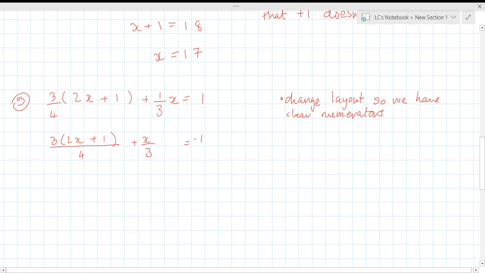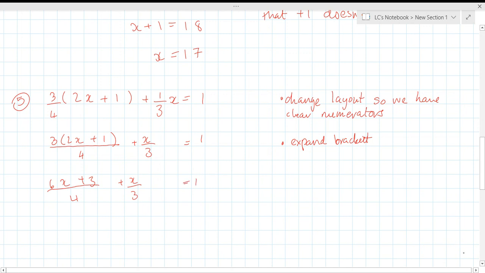You don't actually need to do that. Just for me, I do prefer that. What I'm going to do is expand that bracket. So what I get is 6x plus 3 over 4 plus x over 3.